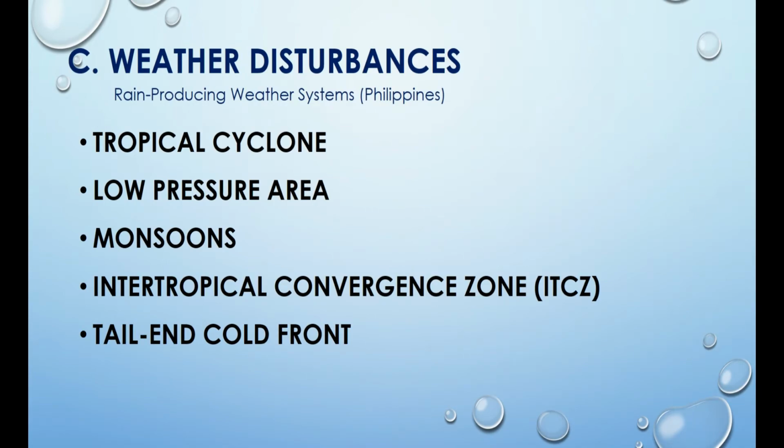Next is the weather disturbances. Weather disturbances are changes in atmospheric conditions or patterns. So here in the Philippines, we experience tropical cyclones, low pressure area, monsoons, the ITCZ or the Intertropical Convergence Zone, and the tail end cold front.